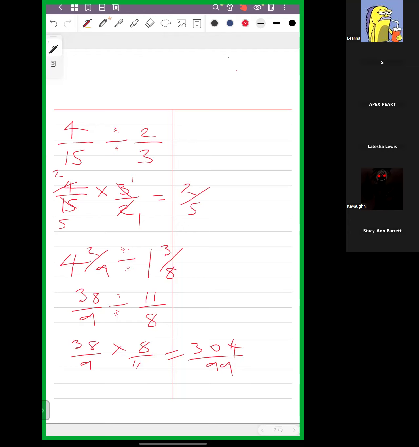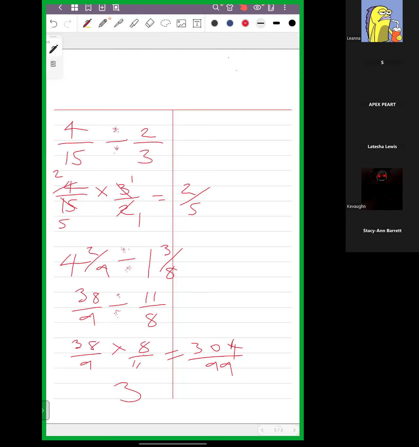So 304 divided by 99 gives us an approximate answer of 3.070. The only thing we're interested in is the 3. The 070 is not our remainder, as I've heard 1, maybe 2 students throughout the course of this week might have said. So the 3 then multiplies the 99 and gives us 297.